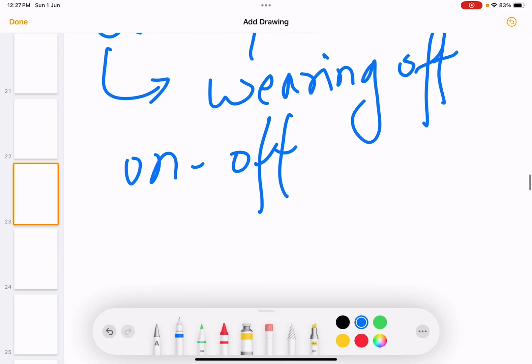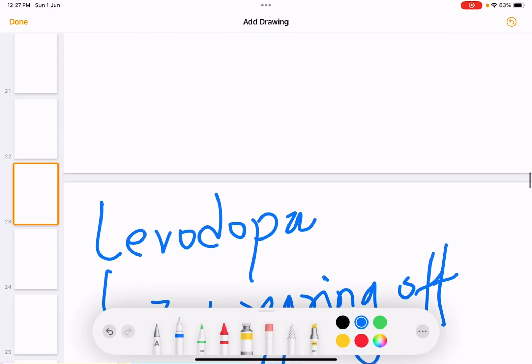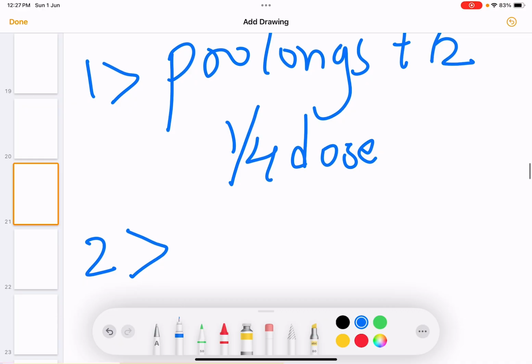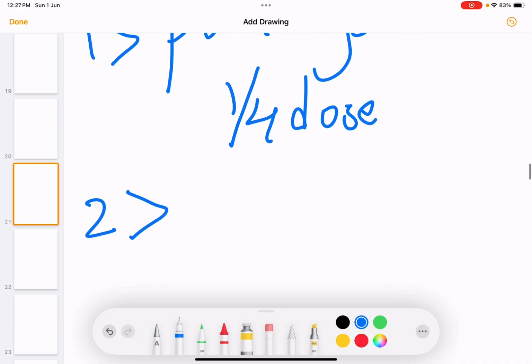Basically what is on phase is that phase when the symptoms of Parkinsonism are in control, while off phase is that phase when the symptoms of Parkinsonism is not in control. So with levodopa treatment there is on-off phenomena, that is fluctuation in treatment response. So this levodopa carbidopa combination decreases the on-off phenomena.